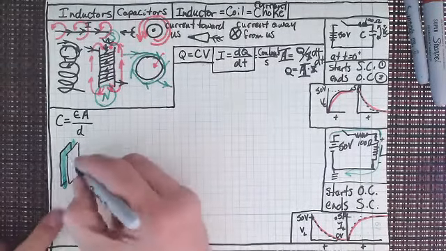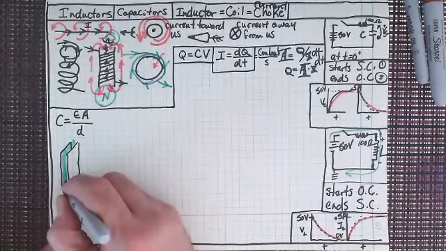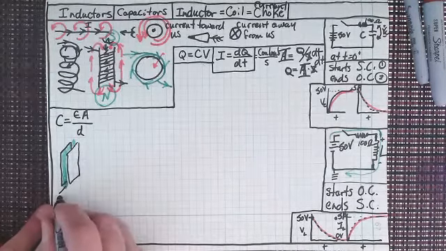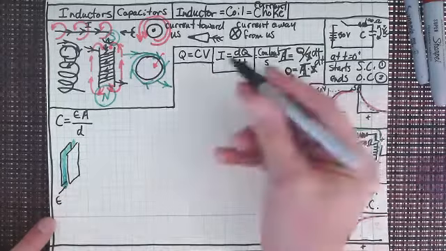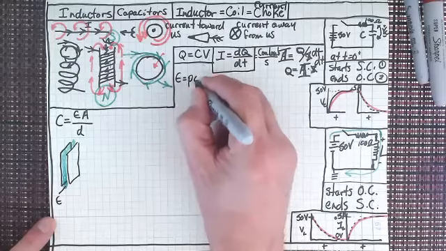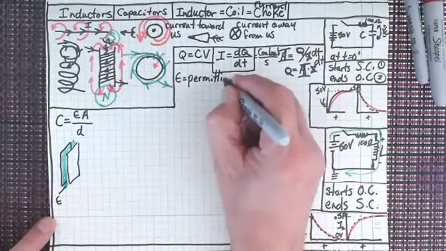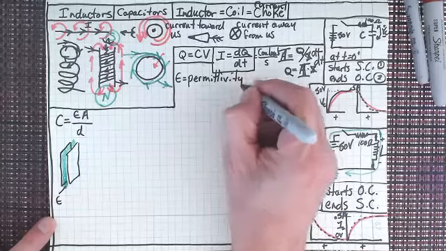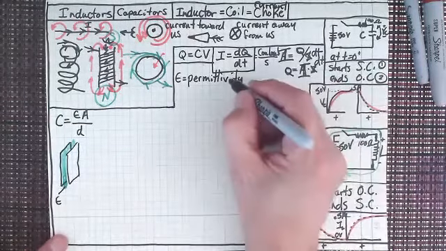All right, so I've got a voltage across here, right? My dielectric has a permittivity. That's what epsilon equals: permittivity. And I'm going to let you know some things that your book isn't telling you.